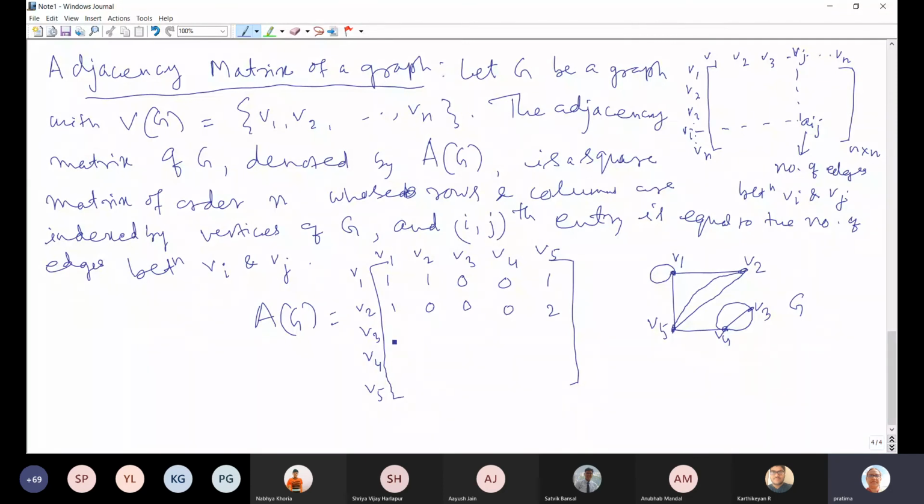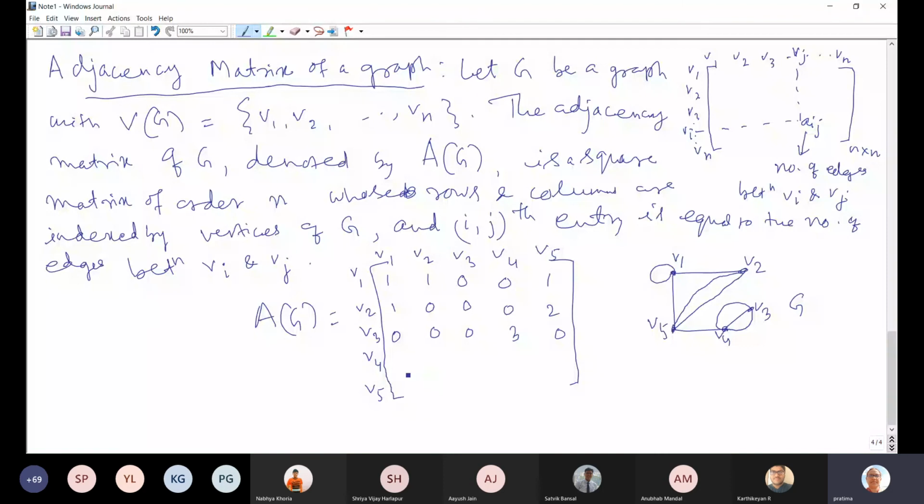Then V3 to V1, no. V3 to V2, no edges are there. V3 to V3 itself, no self loop is there. V3 to V4, however, you are having 3 edges, so this entry will be equal to 3. And V3 to V5, no, 0. Similarly, you will complete this.